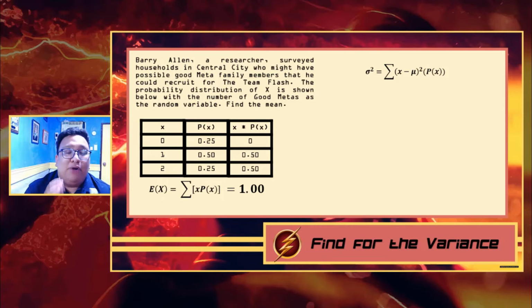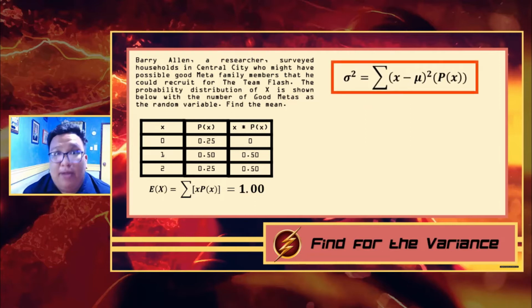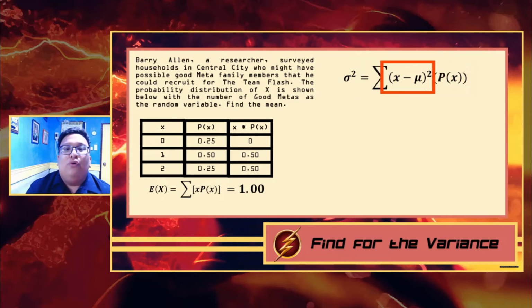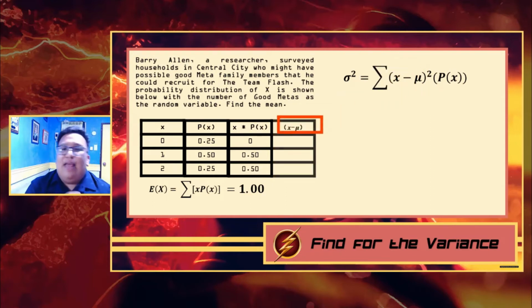So as per the table, we already have 3 columns in order to find our mean. This time we're going to add more as we follow our formula. Alright? So the first column that we're going to add is the random variable minus the mean. So x minus mean. We're going to subtract the mean from our x.